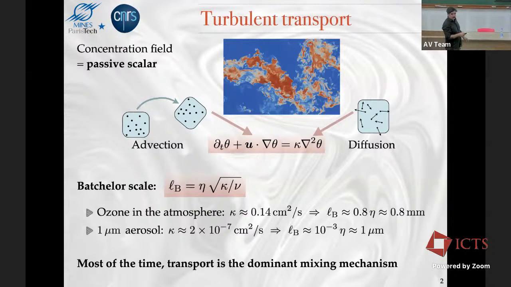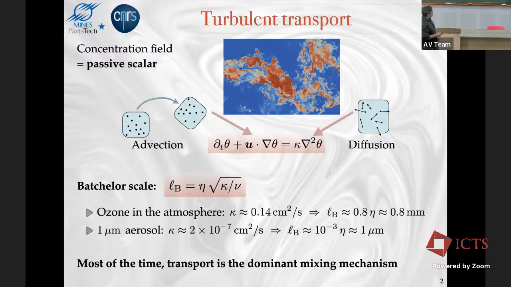So then I have a space and time scale, or space and velocity scale. Once I have rescaled everything, I will get some number which is the ratio between L_B and eta. That's how you get it.